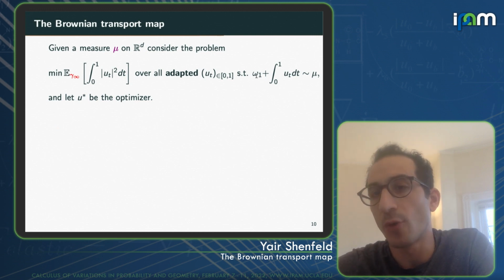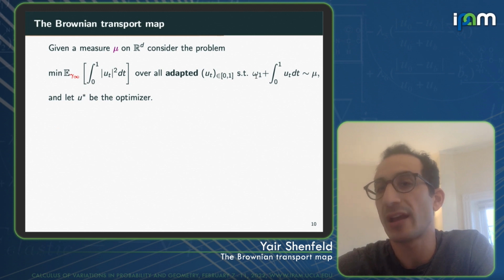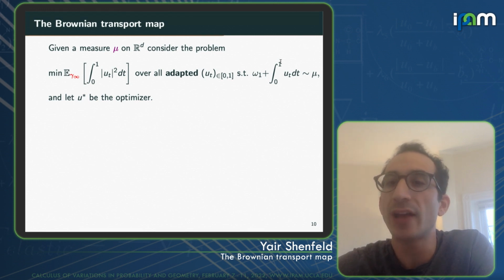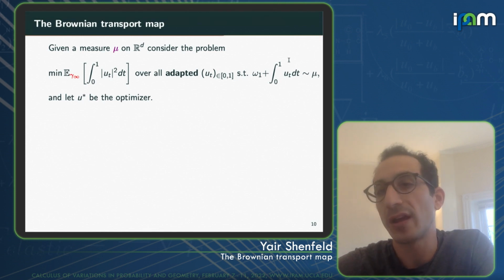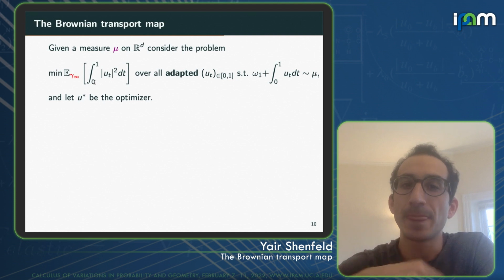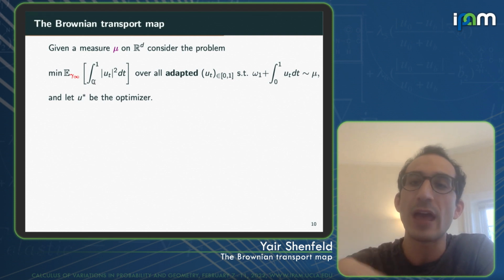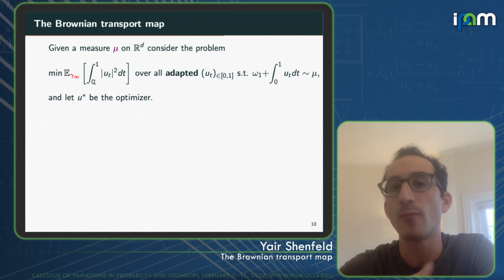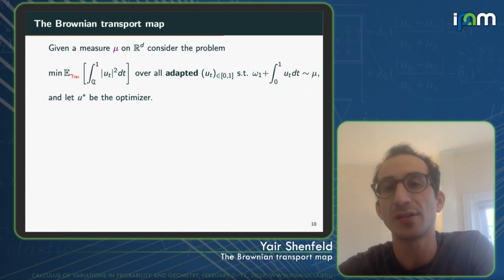So at time 1, omega_1 is distributed like a Gaussian, and you add to it this drift, and you require that it's going to be distributed like mu. Okay, so there are many u that will do the job for you, but the requirement is that we want to minimize the energy. So we're thinking about it as letting a Brownian motion run wild, but then we add a drift to it to steer it so that at time 1, it will be distributed like mu rather than like a Gaussian, and we want to minimize the cost.